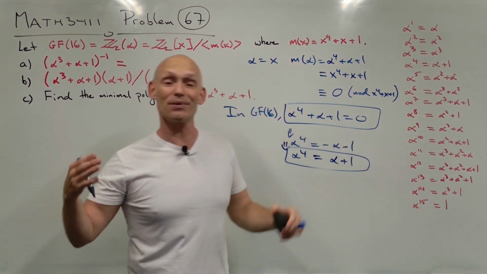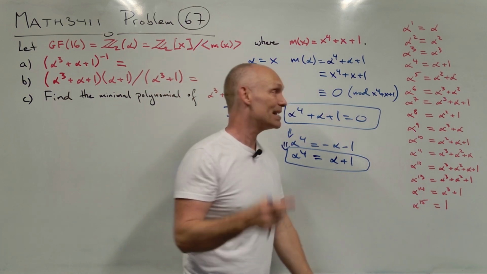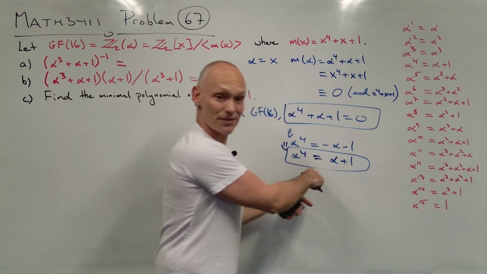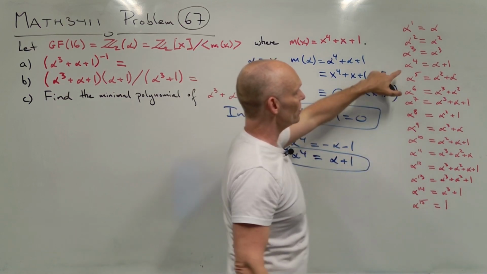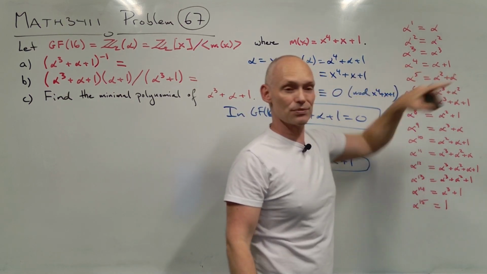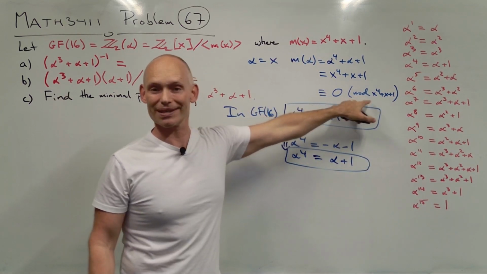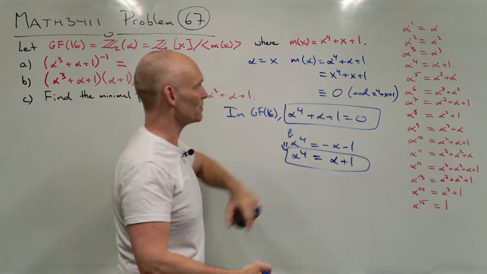So far that's not particularly informative nor interesting, but when we get to alpha to the power of 4, then we can use this little recursive identity here to say, oh, okay, I can simplify it down to alpha plus 1. And what I'm really doing here is just using this modular arithmetic. So mod that polynomial there.